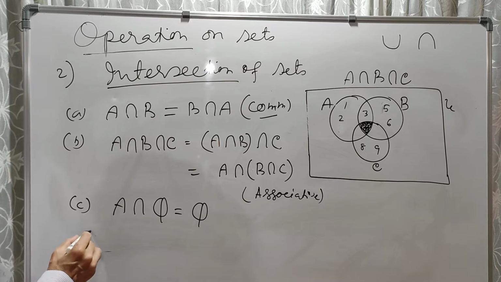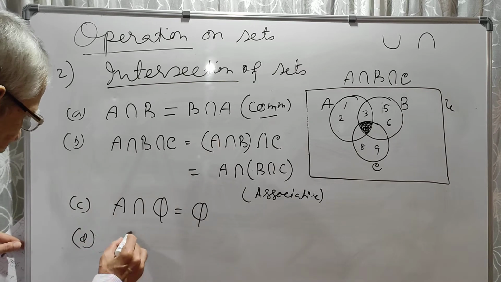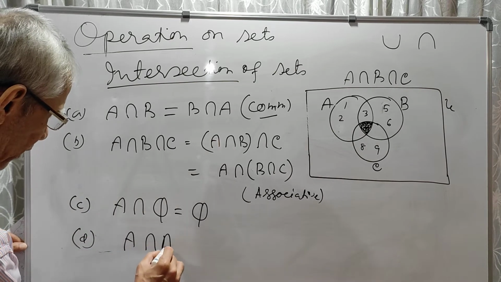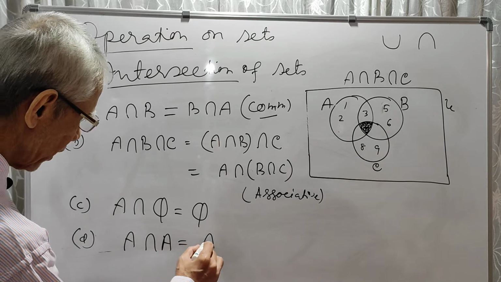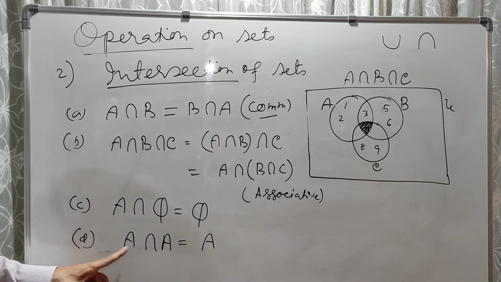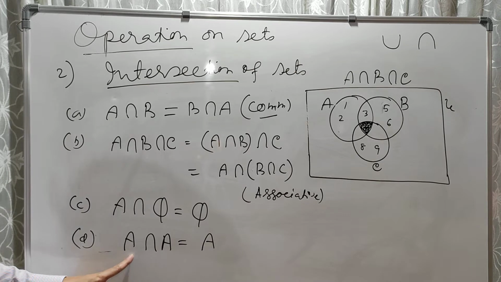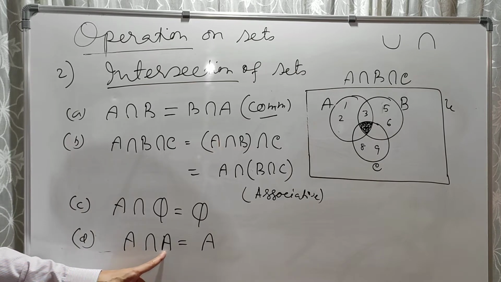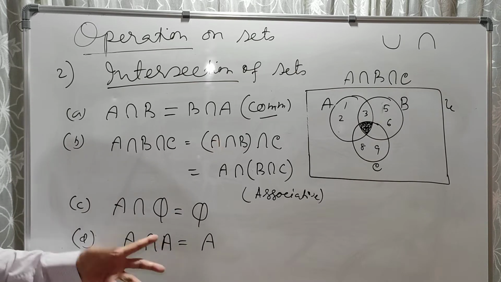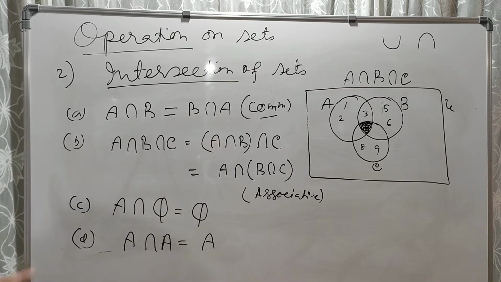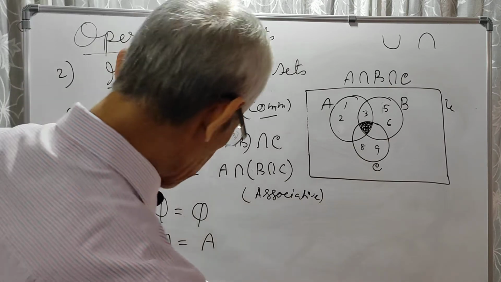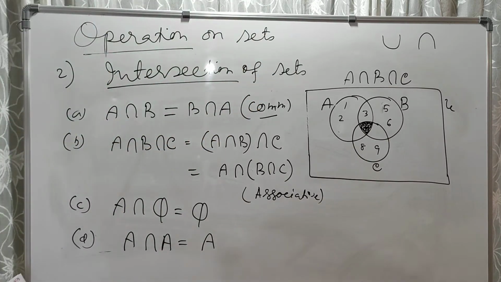Then A intersection A will be A only. Suppose A is a set containing 1, 2, 3. What is the common element? 1, 2, 3 only, therefore A only. So these are the 4 properties of intersection.